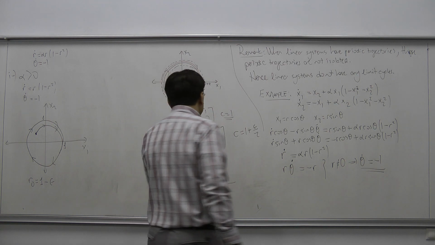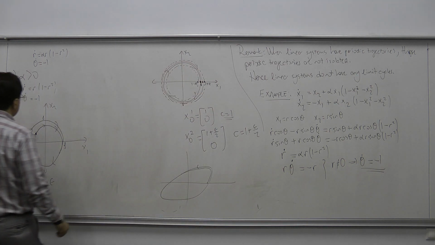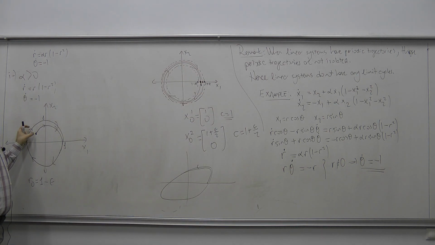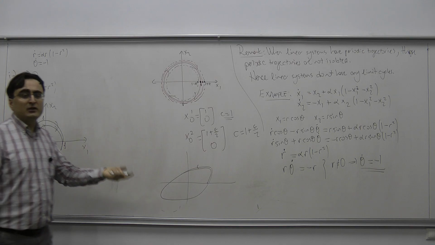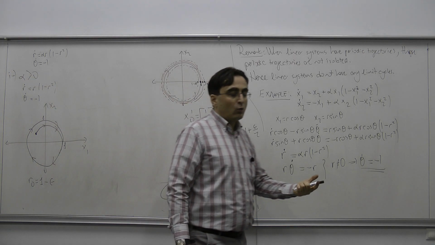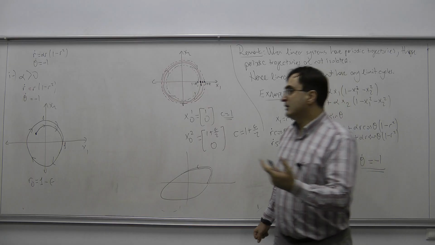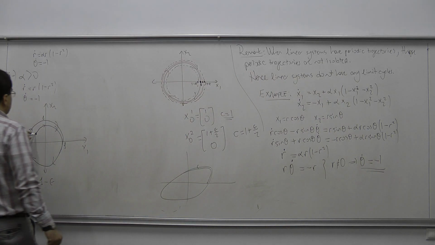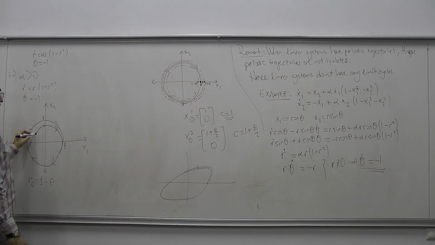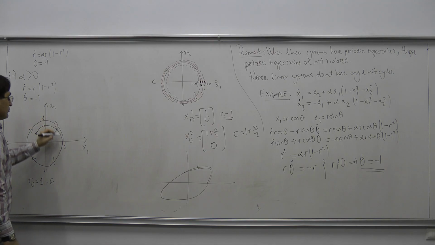Okay? So you see that I started the system infinitesimally close to this periodic trajectory, and I didn't get another periodic trajectory. What happened instead? Instead, this trajectory that I started converged back to the original periodic trajectory.